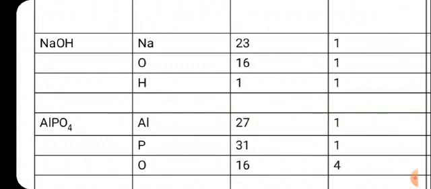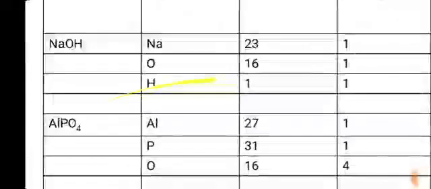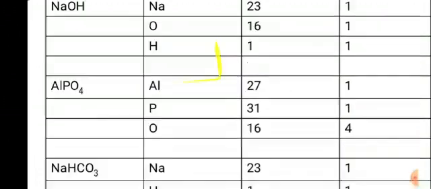So in NaOH, 3 constituent elements are present and their number of atoms are 1 each. Now atomic mass is multiplied by number of atoms in molecule. 23 multiplied by 1 is 23, 16 multiplied by 1 is 16 and 1 multiplied by 1 is 1. And 23 plus 16 plus 1 is 40 grams or 40 Dalton is the molecular mass of sodium hydroxide NaOH.